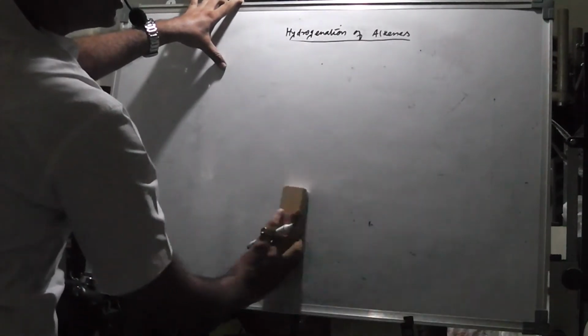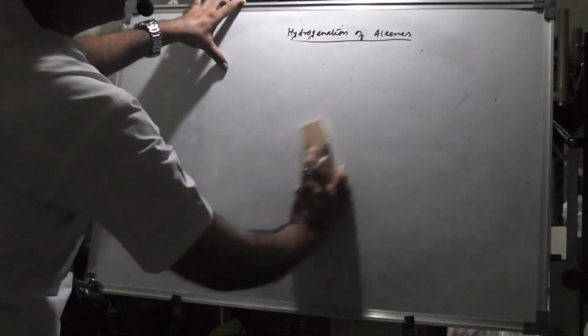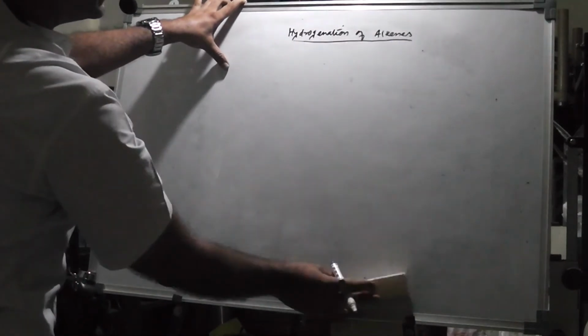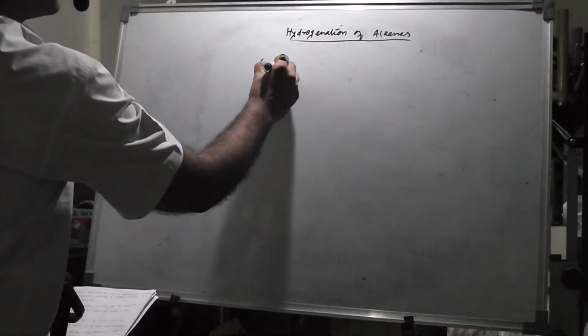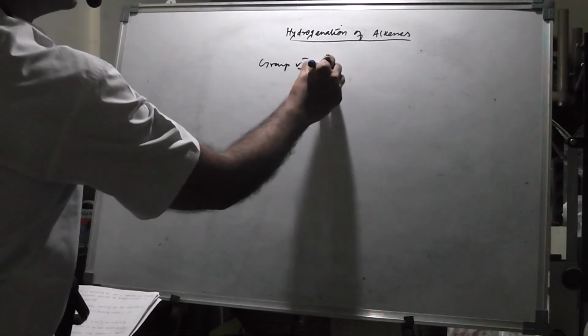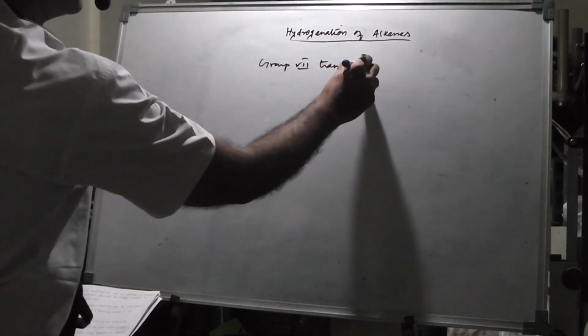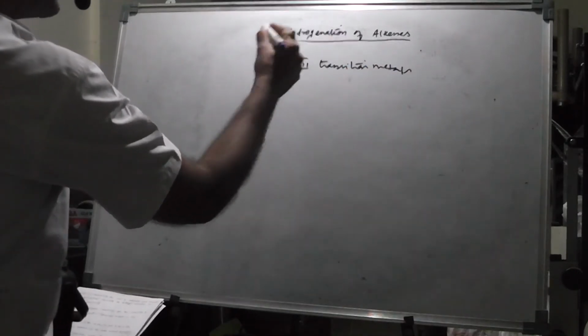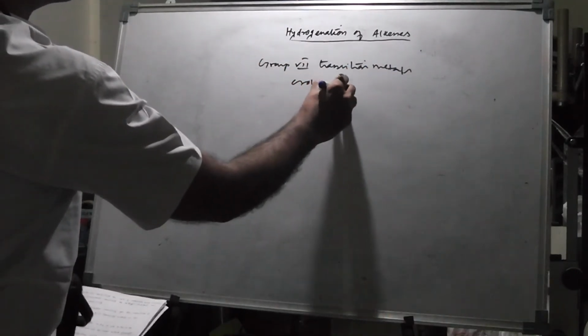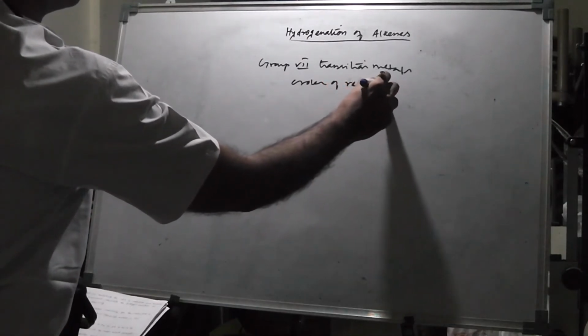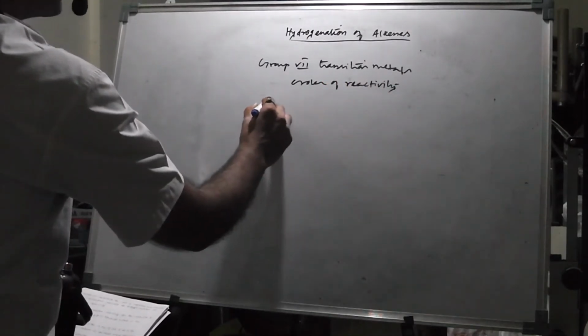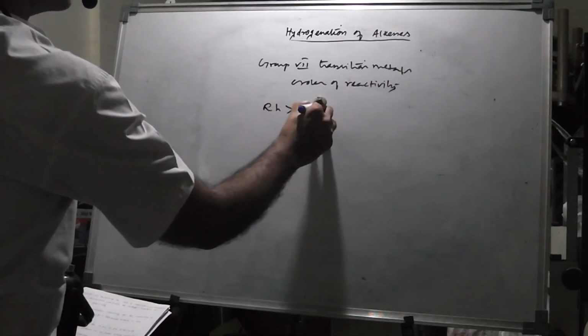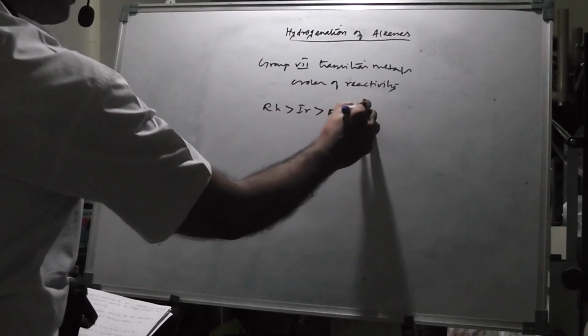There are many transition metals that are utilized for reducing the carbon-carbon double bond as well as the carbon-carbon triple bond. The group 7 transition metals that are useful have an order of reactivity: rhodium greater than iridium, greater than ruthenium, greater than iron.